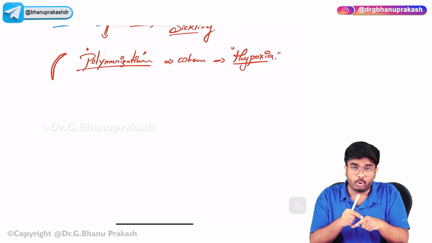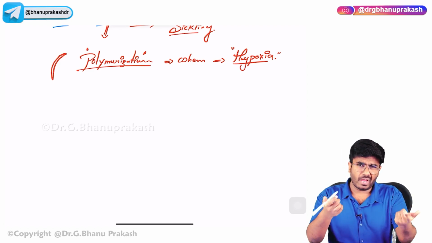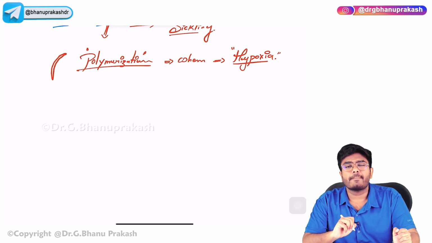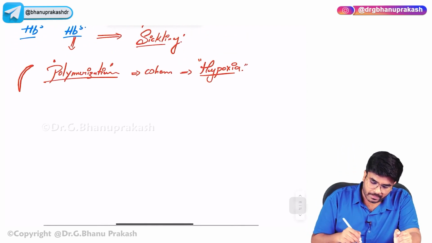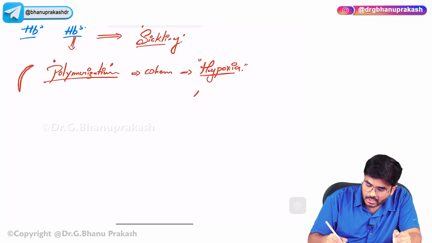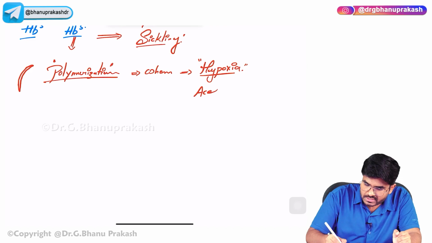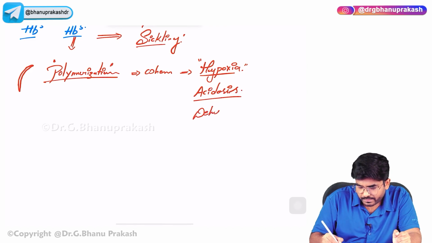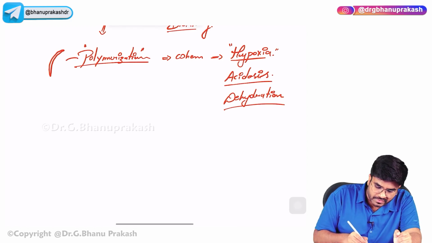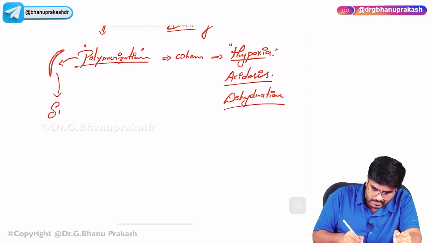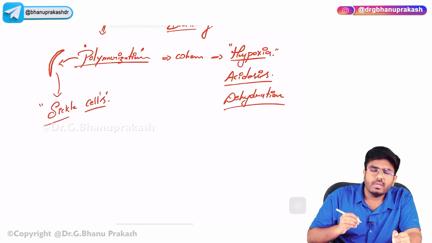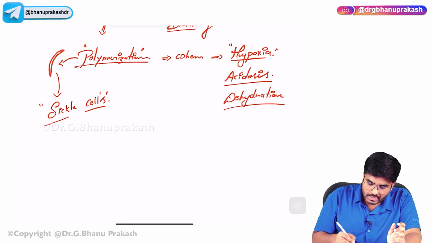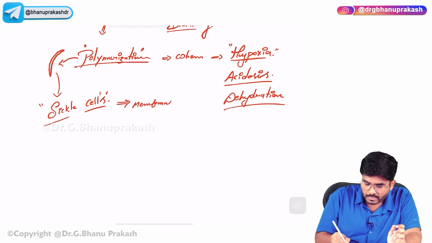So, when polymerization is happening in hypoxia or acidosis or dehydration, because of this polymerization, sickle cells are going to be seen. What is the problem with the sickle cells? I have said the sickle cells are going to have membrane damage.